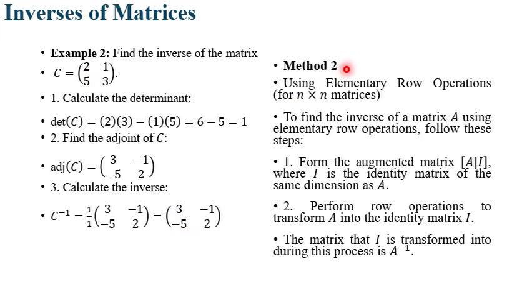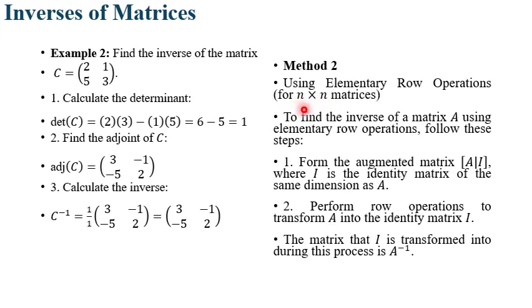So let's consider the second method. The second method is about using elementary row operations. So for an m by n matrix, this should be m.